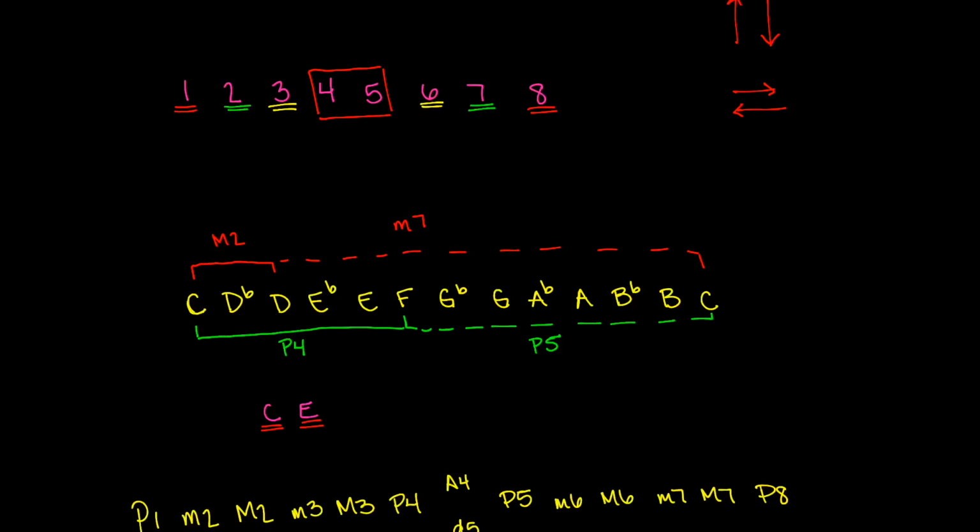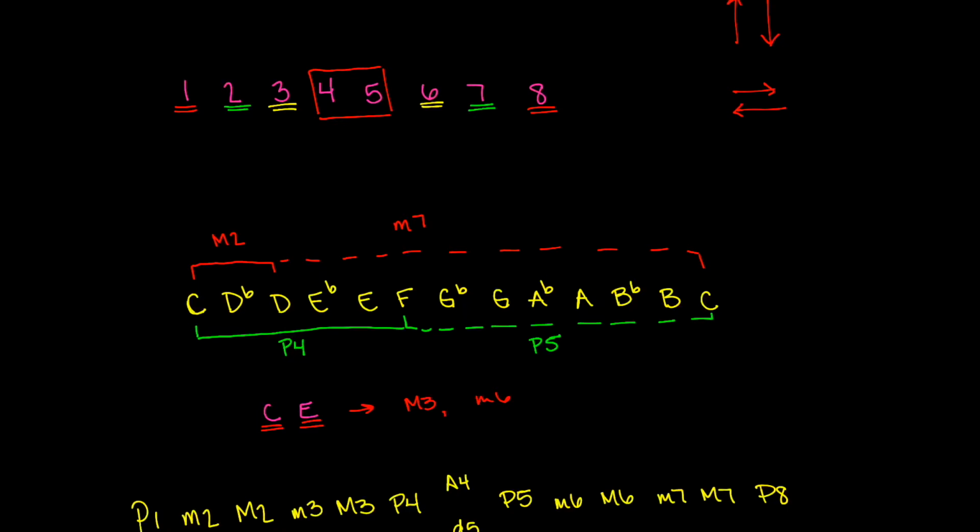If I'm assuming that C is the root, then this would be a major third. If I assume that E is the root, then this would be a minor sixth. It's kind of interesting. And you go, well, wait a minute. What if the C was on the bottom, right? What if the C was the lower of the tones? That actually turns out to be inconsequential because we can invert intervals.